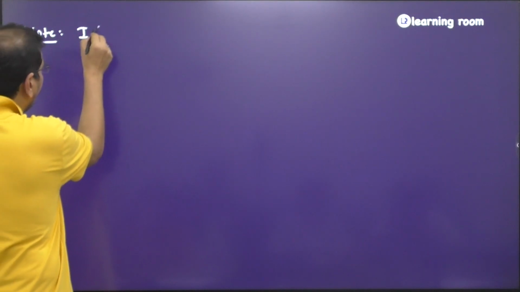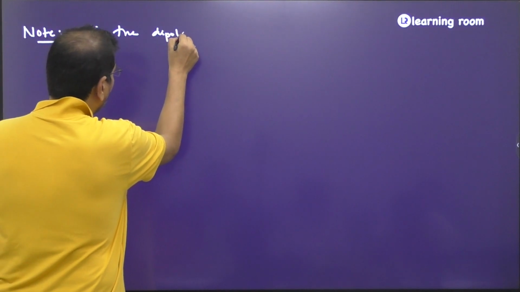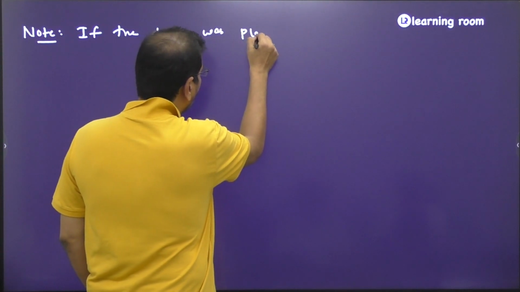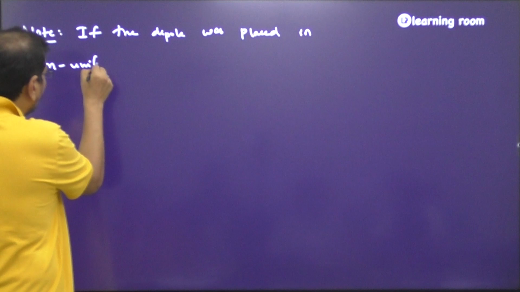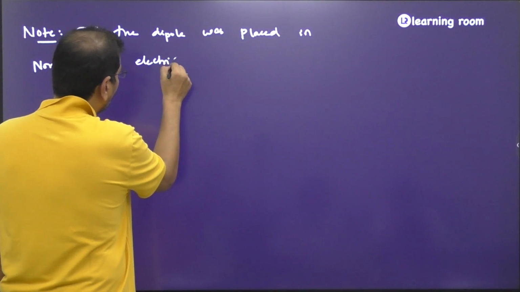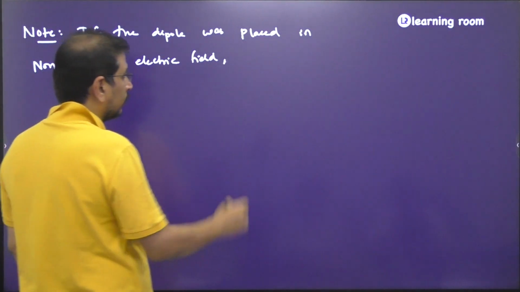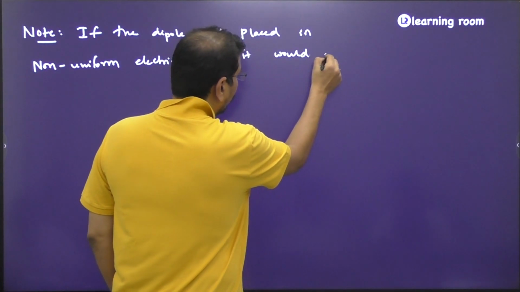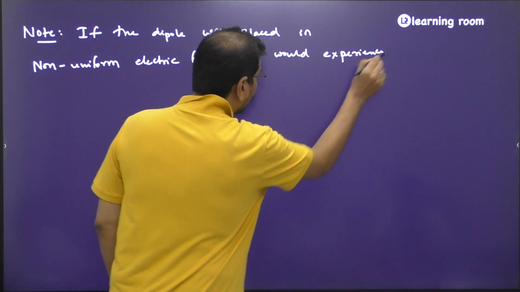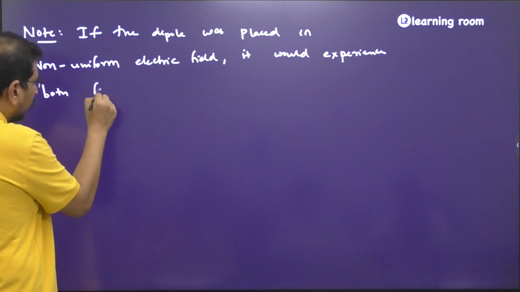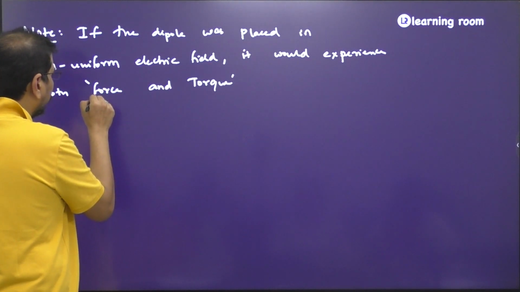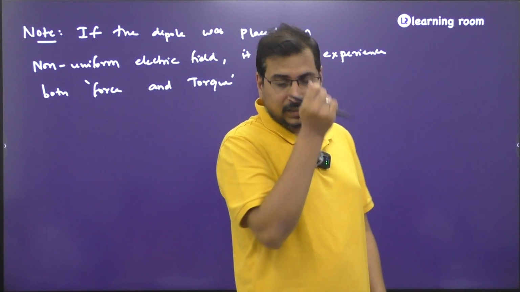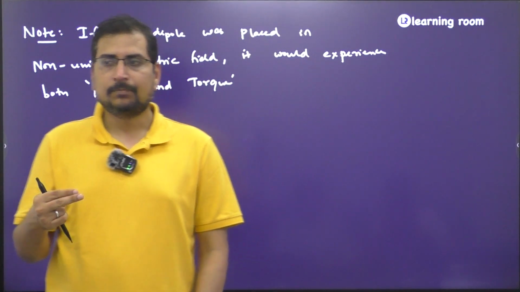So the point to be noted here is, if the dipole was placed in a non-uniform electric field, it would experience both force and torque, meaning the system will have a combined rotational and translational motion.